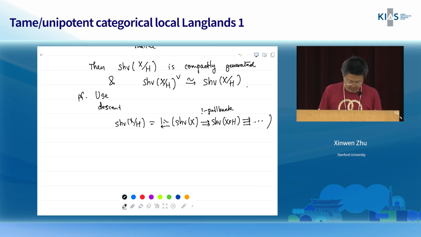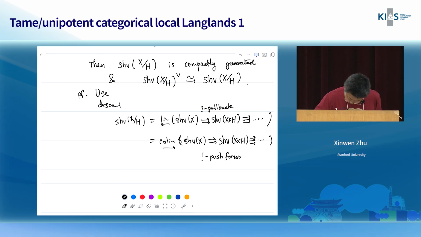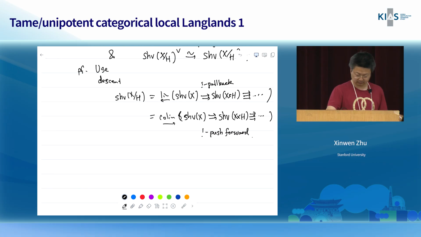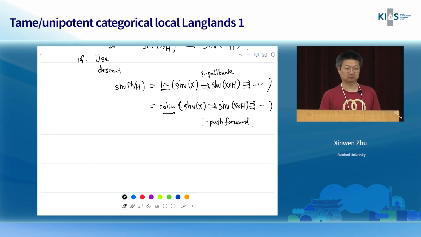The whole point is that the pro-unipotent radical is finite codimensional, so using the argument I mentioned before, this shriek pullback admits left adjoints. So you can rewrite this as a colimit diagram using shriek pullback and pushforward. This is part of Lurie's trick: if you can pass to the left adjoint, then the limit diagram of categories becomes a colimit. Yes, the other way, you're right.